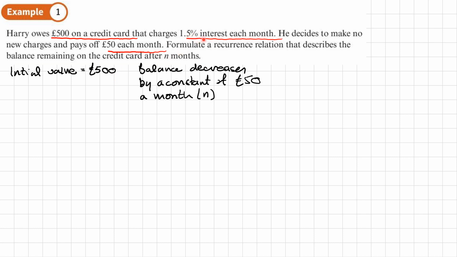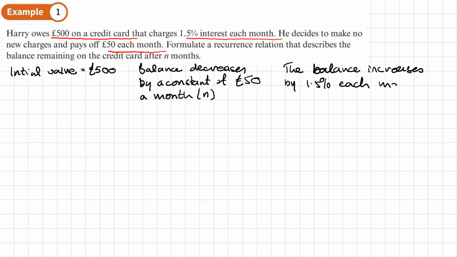Whatever money is left, the balance that's in his credit card is increasing by 1.5%. So we could say that the balance increases by 1.5% each month.